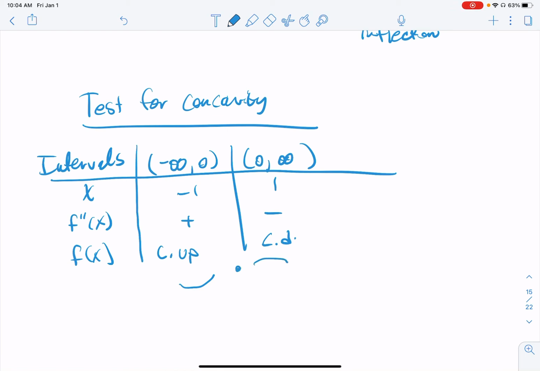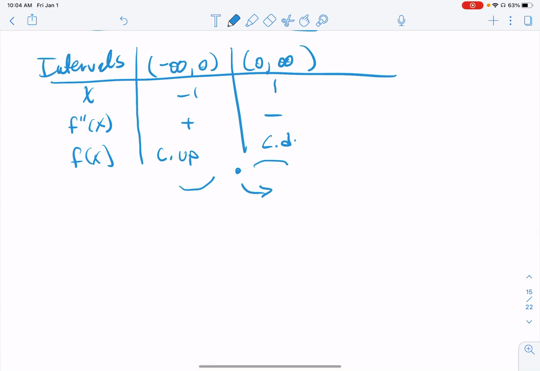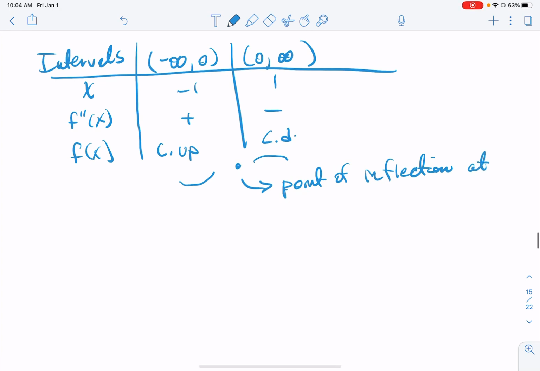What did we just find here? We have a point of inflection. Now, ordinarily, I would have to take this x value of 0, plug it into the function to find the y value, but we've already done that because it just happens to be 0, so the point is 0, 0.